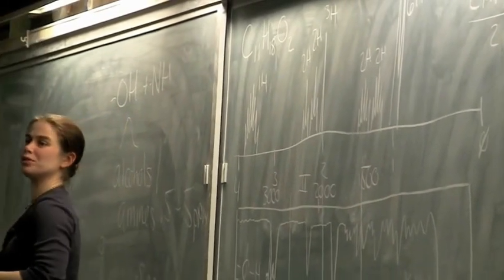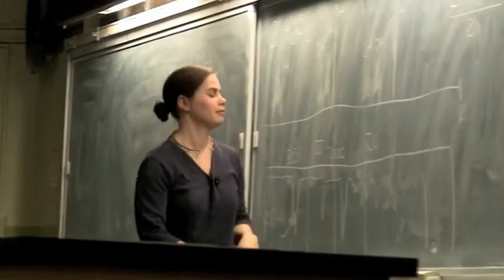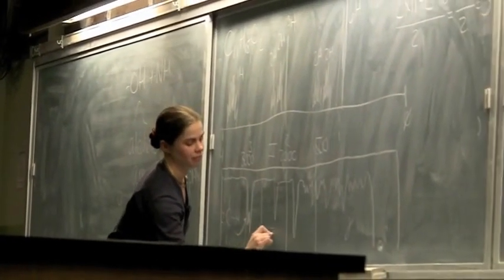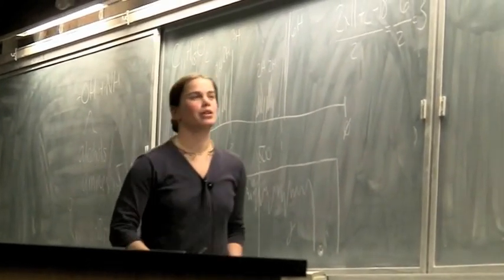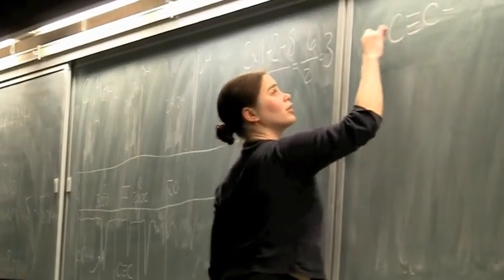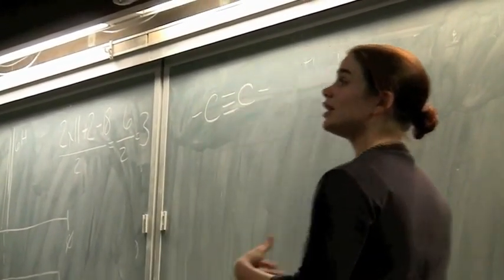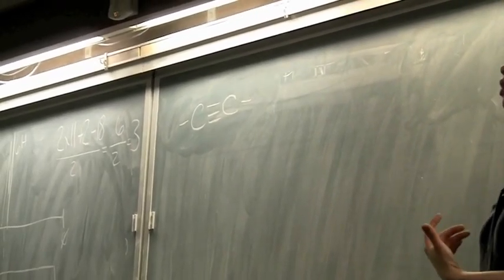So if it's a CC triple bond or a CN triple bond, it can't be a nitrogen, so it must be an alkyne. So now we can start saying, well, I know somewhere in the pieces I'm putting together, we've got an alkyne. We also know it's an internal alkyne. There's no hydrogen attached to that, because if there was a hydrogen attached, we'd see it. There's none.